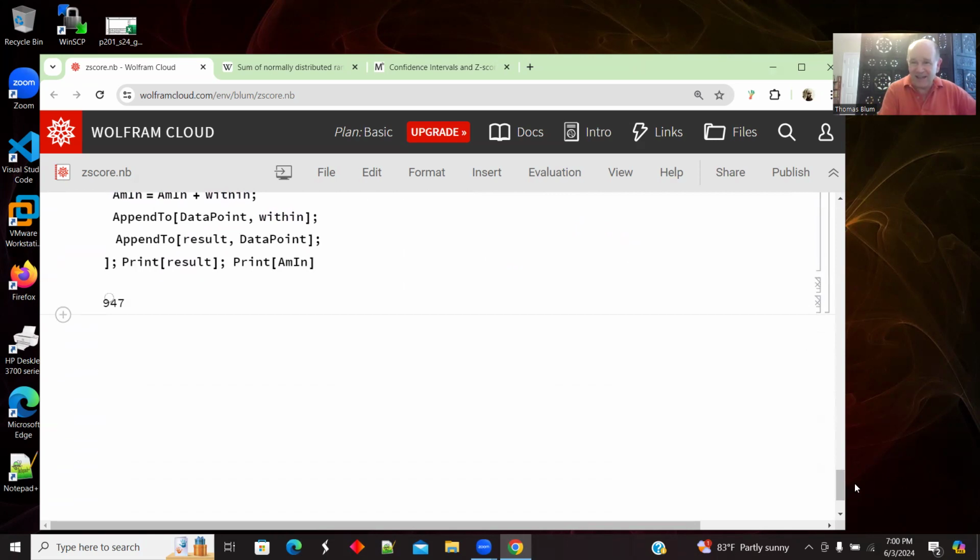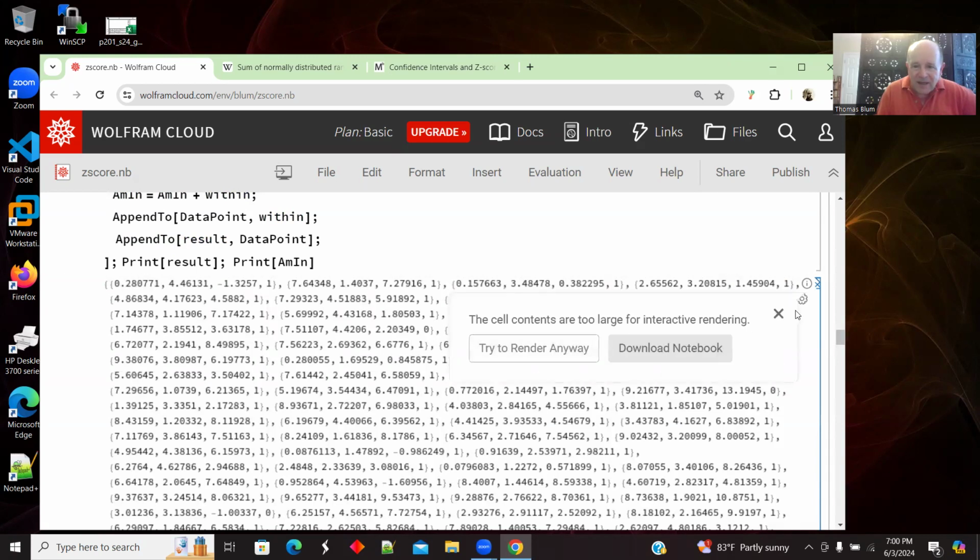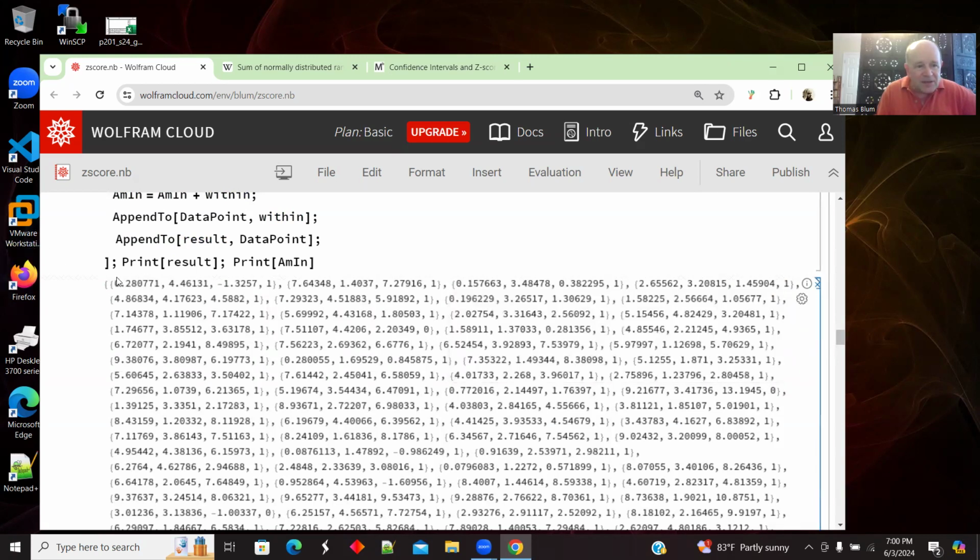So I was calculating all these things before, but I wasn't showing them. So it's really the showing them that takes so long. But so each one of these is the average, this is the standard deviation, this was the average from the 3 samples, and then this was whether or not we were in. So we're expecting mostly ones.